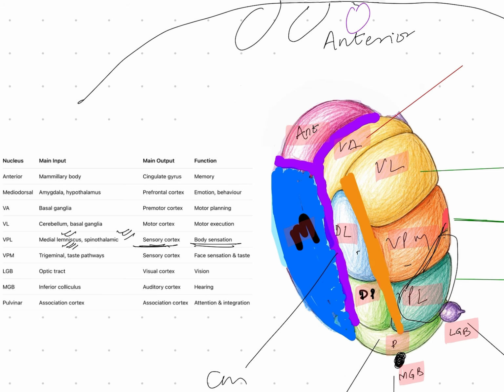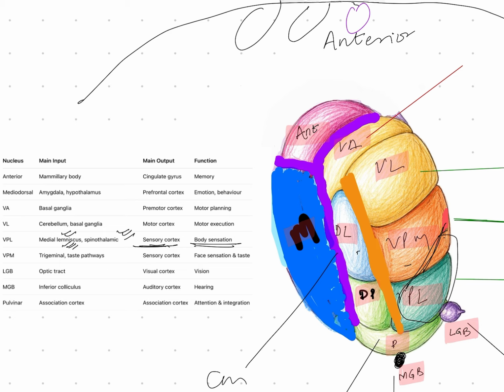And the lateral geniculate body takes input from the optic tract and goes to the visual cortex, associated with vision.